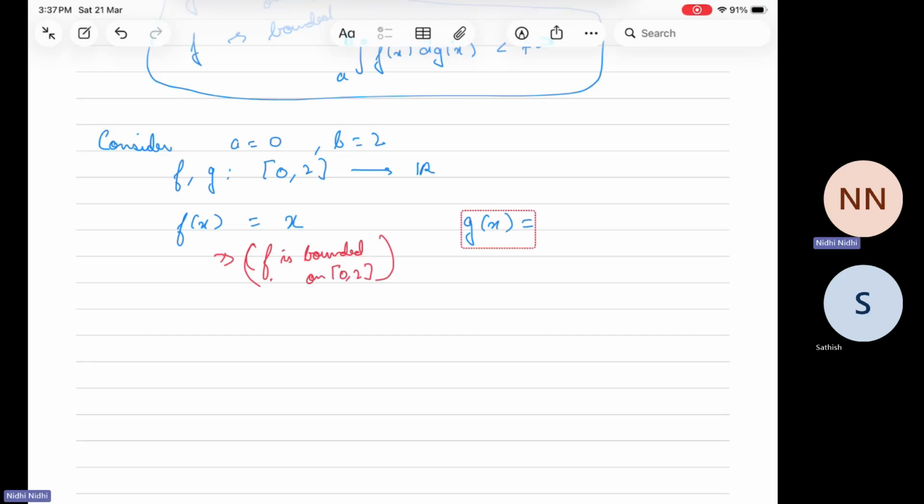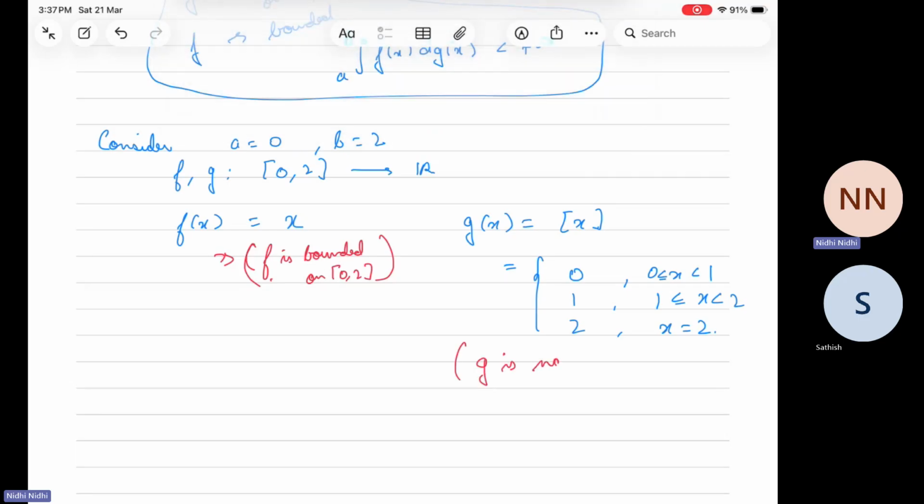I take it to be the greatest integer function. That means this is equal to 0 when 0 ≤ x < 1, equal to 1 when 1 ≤ x < 2, and 2 when x is equal to 2. So obviously this function g is not continuous.